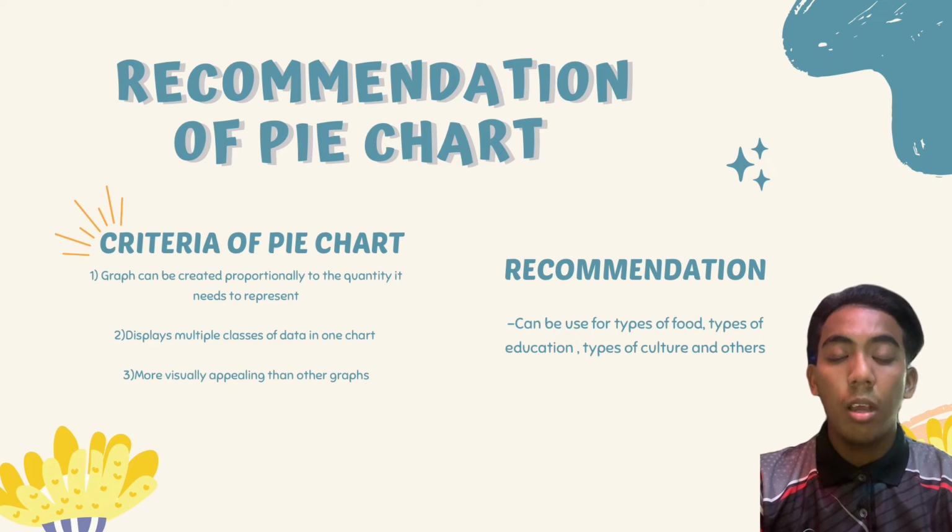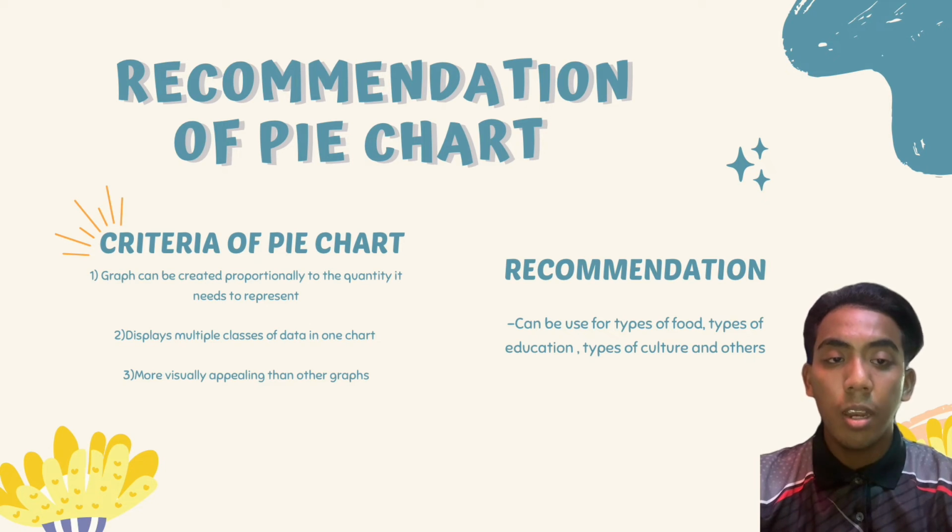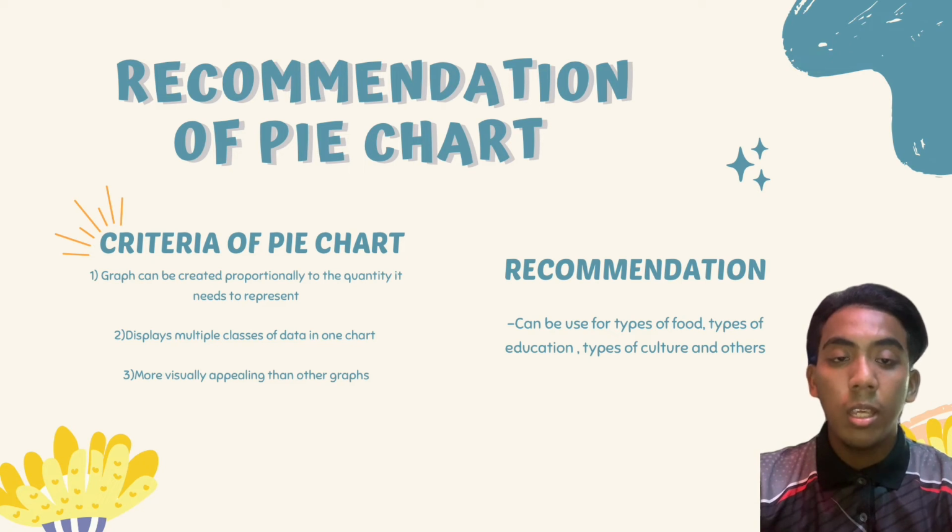I will explain one by one about pie chart, line graph and bar chart. For the first one is pie chart. The criteria of pie chart are graph can be created proportionally to the quantity it needs to present. This is more clear about the amount of quantity.